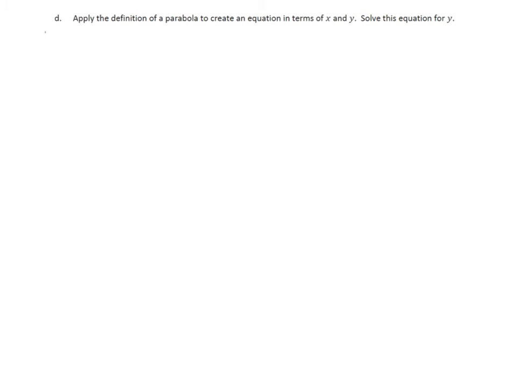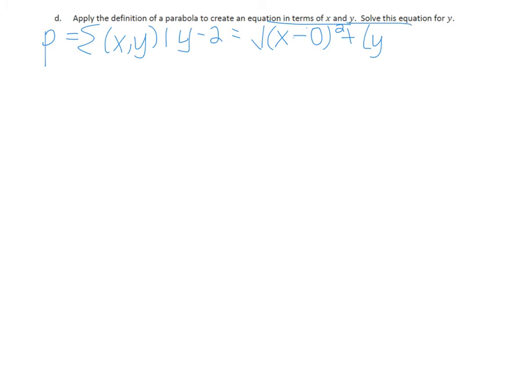Remember that our definition here, P, is going to equal the set of all x and y such that the distance from our point on the parabola to the directrix, which was y minus 2, is going to equal the distance from the same point to the focus, which was the square root of (x minus 0) squared plus (y minus 4) squared.